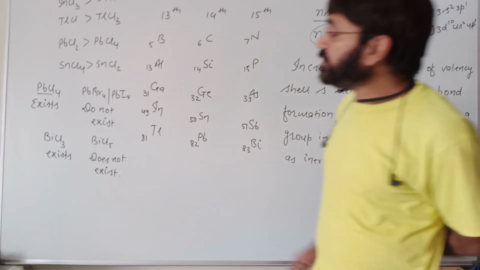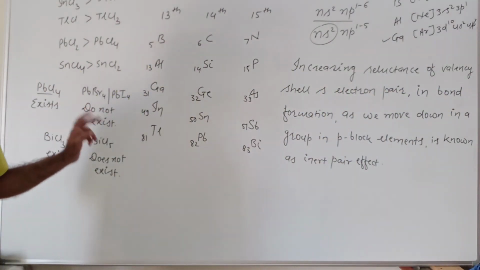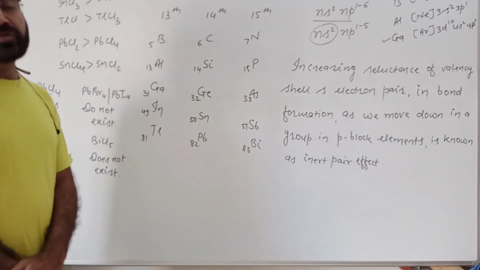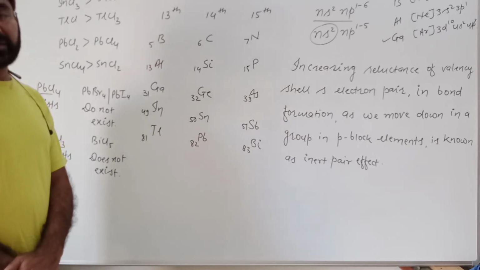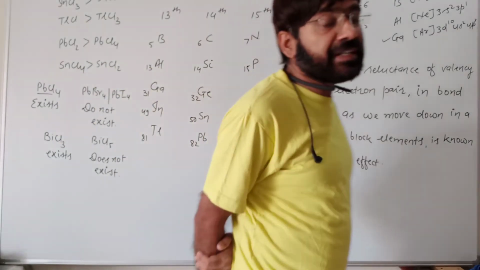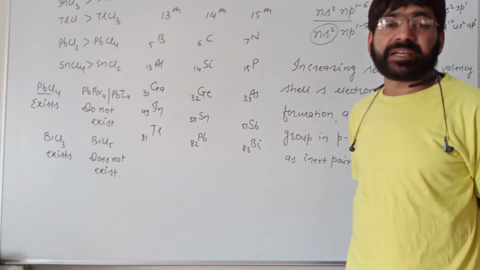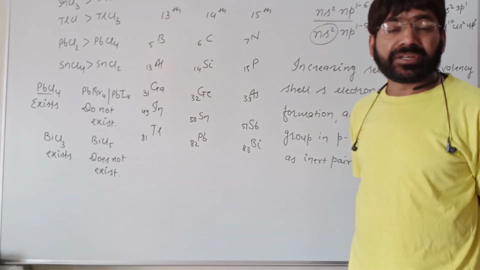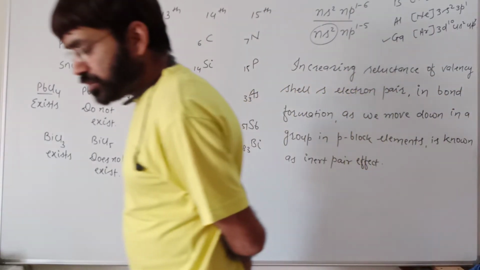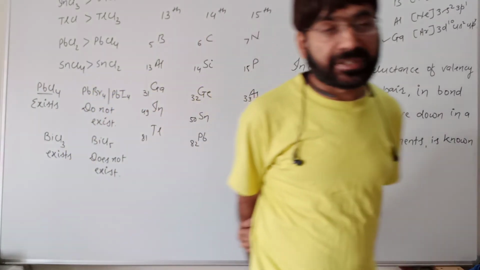So when we try to make PbBr4 or PbI4, we have to mix Pb+4 ions with I negative ions, or Pb+4 ions with Br negative ions. As soon as we mix them, Pb+4 is oxidizing, while Br negative or I negative are reducing agents.